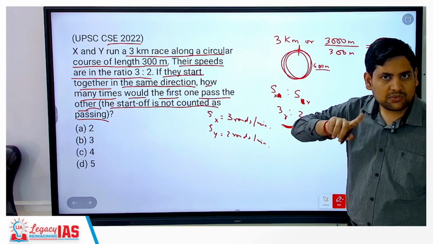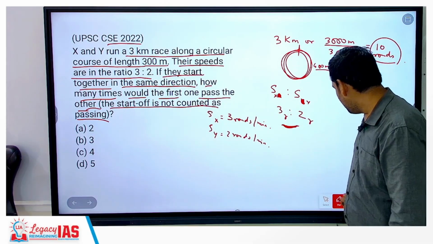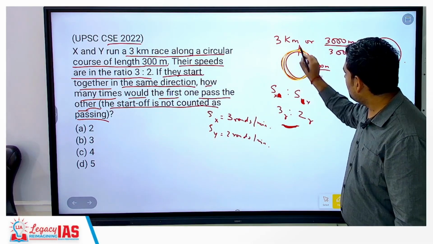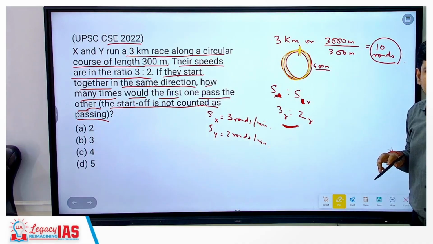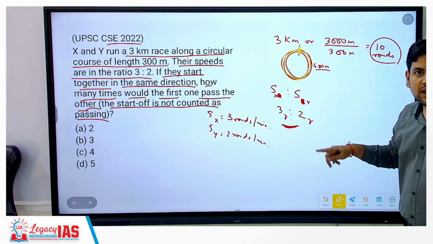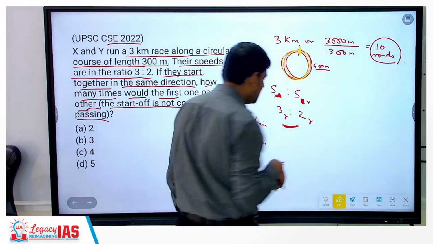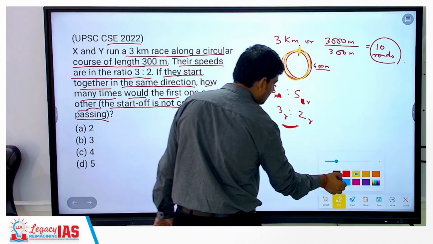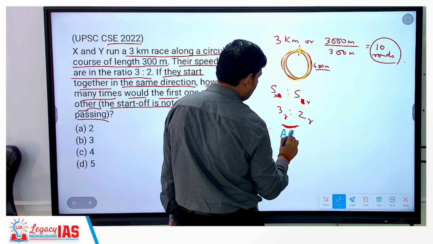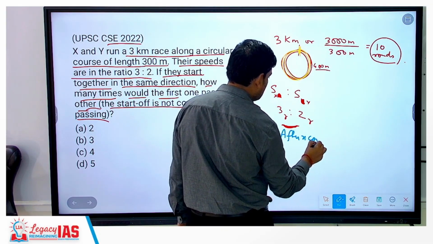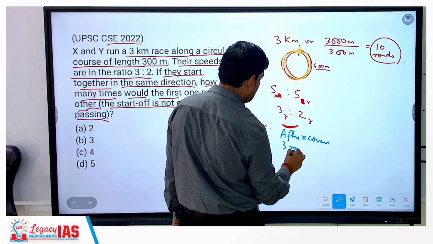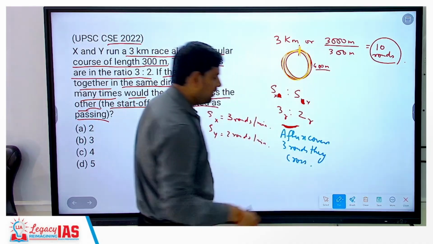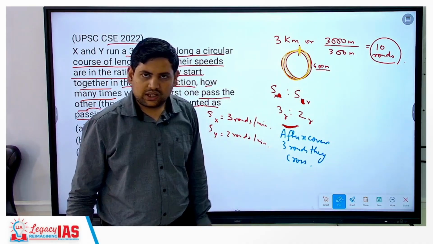In the same time y will cover 2 rounds, 1 and 2, so they will meet here. Correct? So that is the time when they meet. After x covers 3 rounds, they meet once. That means after x covers 3 rounds, they cross.